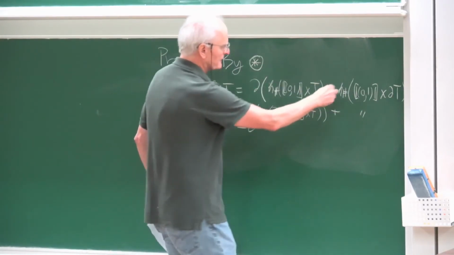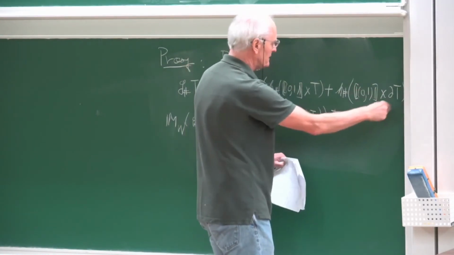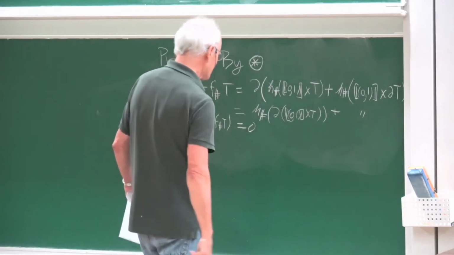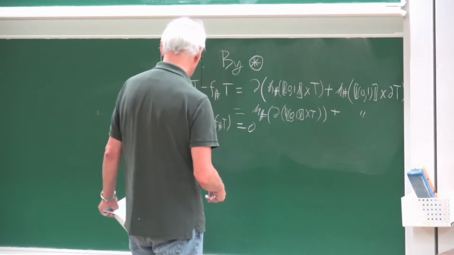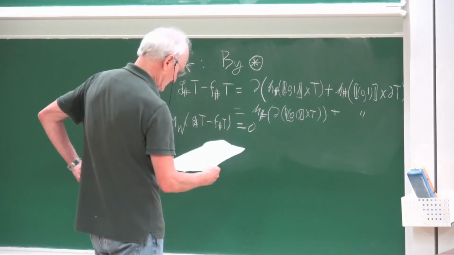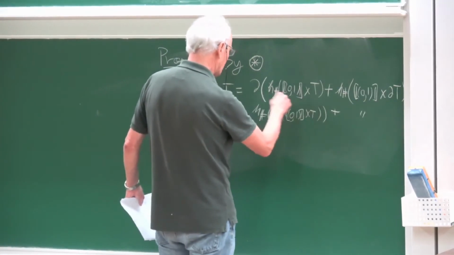And for this term, you use what's on the right board with boundary of T in place of T. And for this one, somehow I've got something wrong here. How do we handle this term?